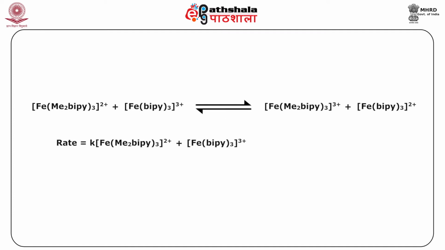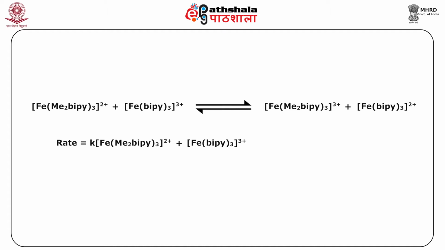In a similar fashion, another reaction involves the methyl substituted bipyridyl iron complex, Fe(substituted bipy)3 2+, and another, the simple unsubstituted Fe(bipy)3 3+. Both are iron complexes, but one is +2 in oxidation state and the other is +3.